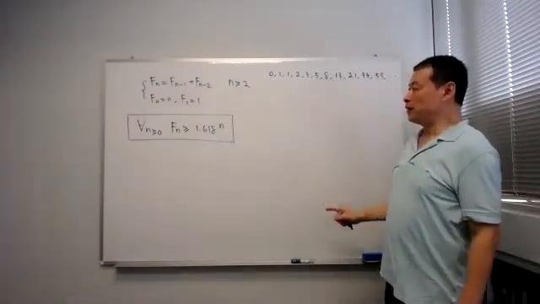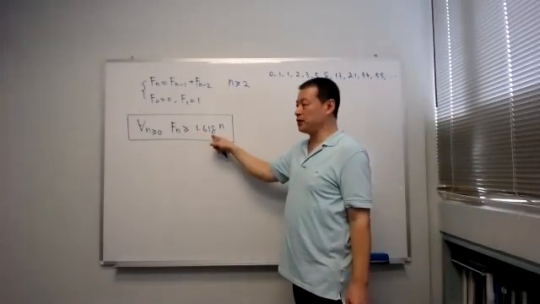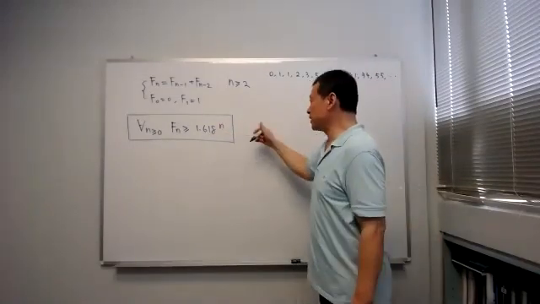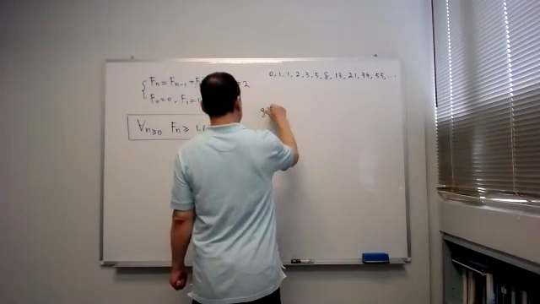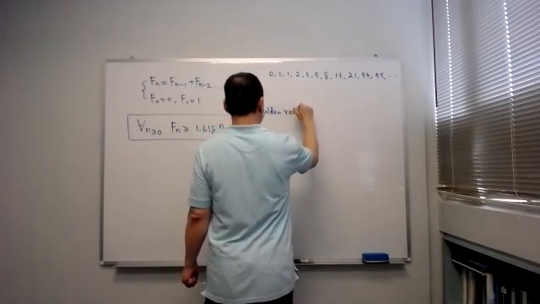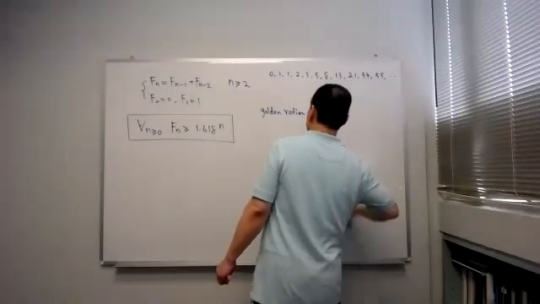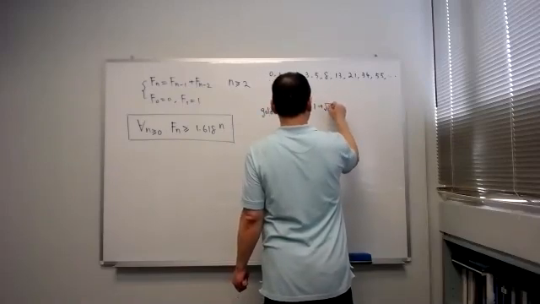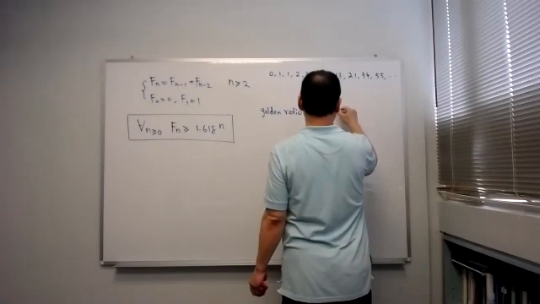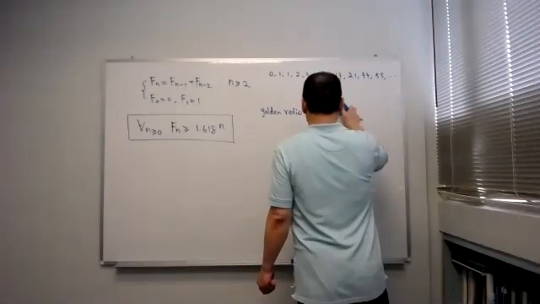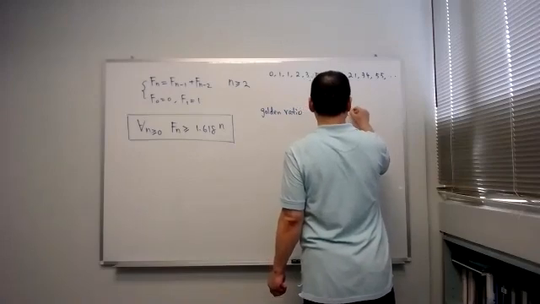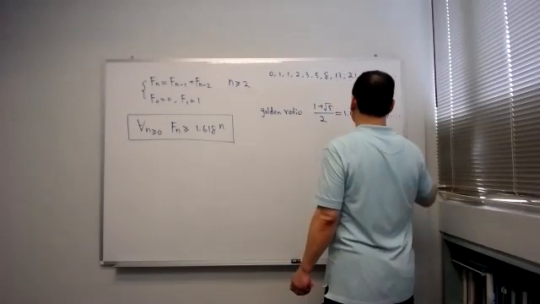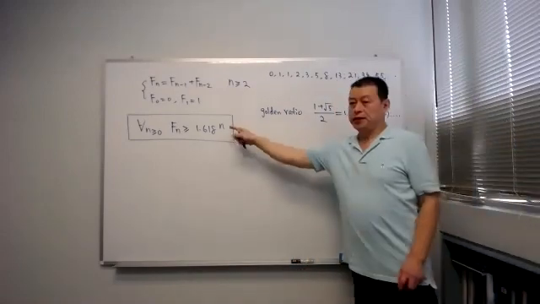Now suppose we want to show that indeed this number grows exponentially, so that it is at least 1.618 to the power n. By the way, this is called the golden ratio. Those are the first four digits of the golden ratio.